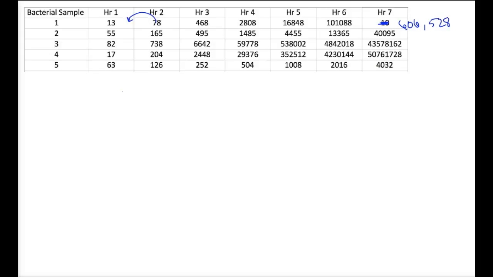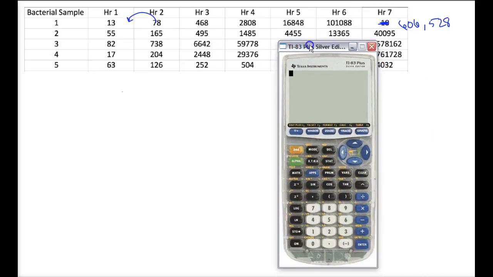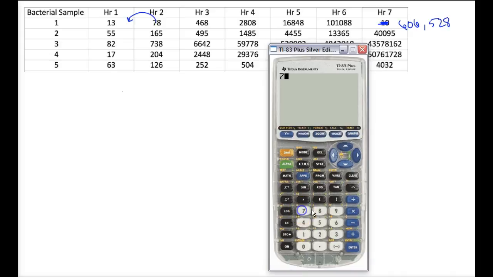Okay, and so let's bring our calculator in. If we take 78 and divide it by 13, you see that we'll get 6. And so if we do the same thing here, if we take 468 and divide that by 78, so let's do that. You see that you'll also get 6.